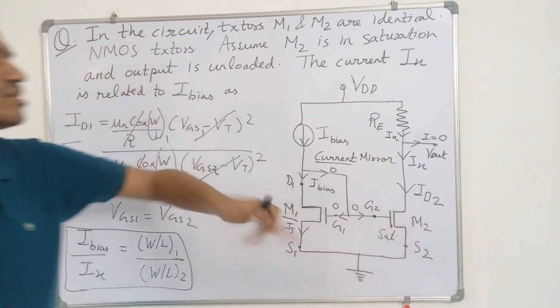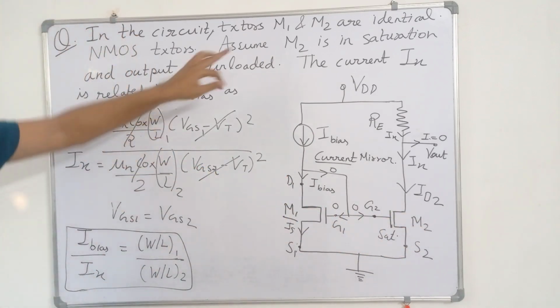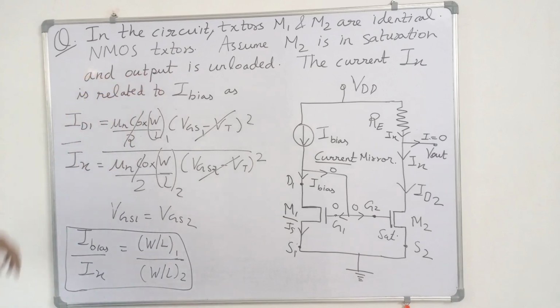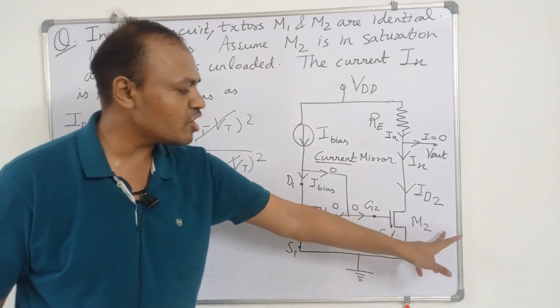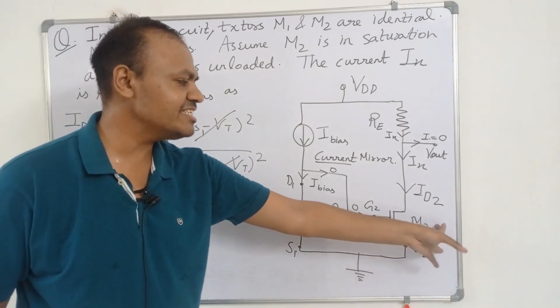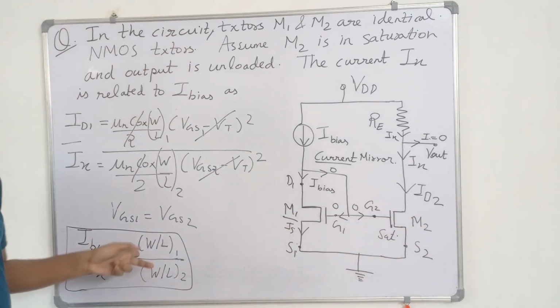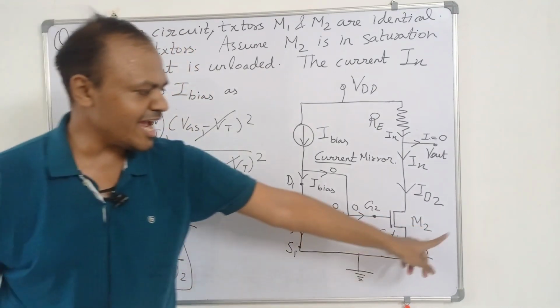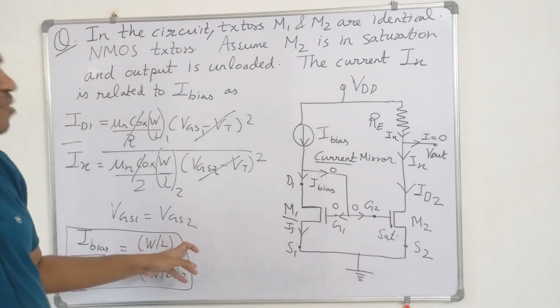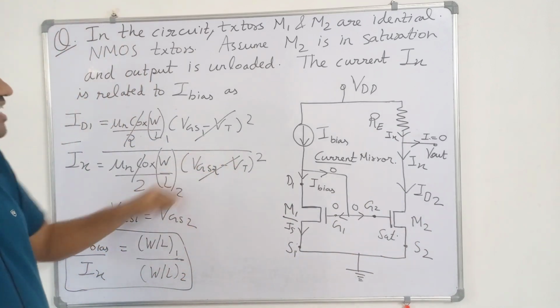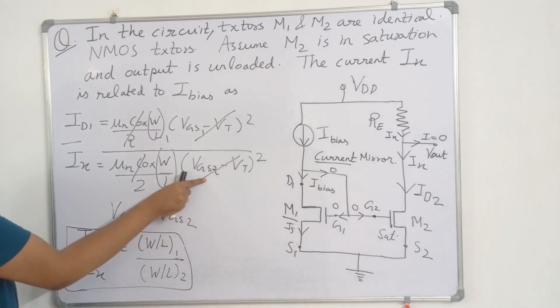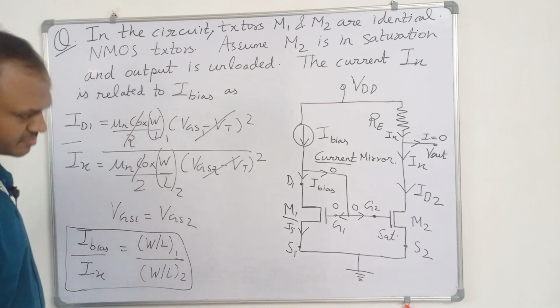But M2 has to be in saturation, and it was given that M2 is in saturation. If this transistor is not in saturation, we cannot apply this formula. So remember, M2 has to be in saturation for this formula to be applicable, because otherwise this relationship will not be applicable for transistor M2.